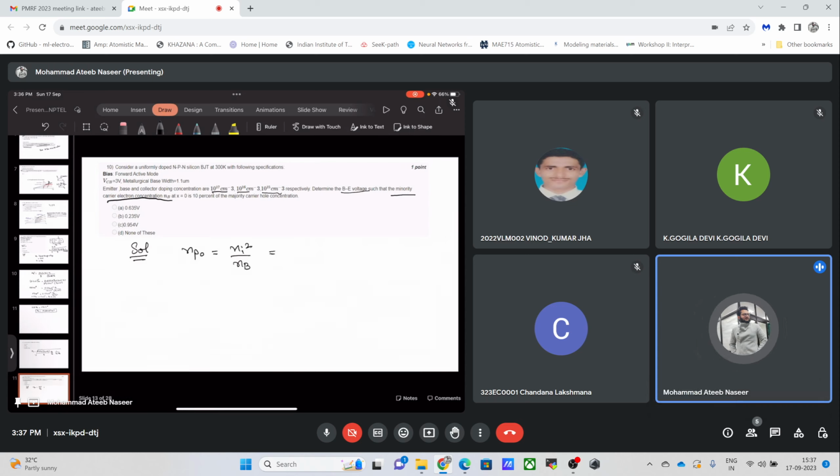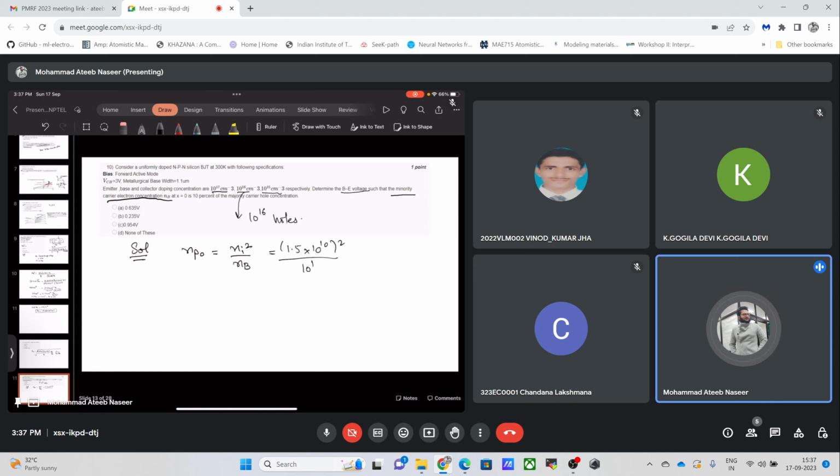Since the base has a concentration of 10 to the power of 16 holes, the minority carrier concentration for these electrons would be given by ni squared, where ni is 1.5 into 10 to the power of 10, whole squared, divided by the concentration of the holes in the P region, which is 10 to the power of 16.